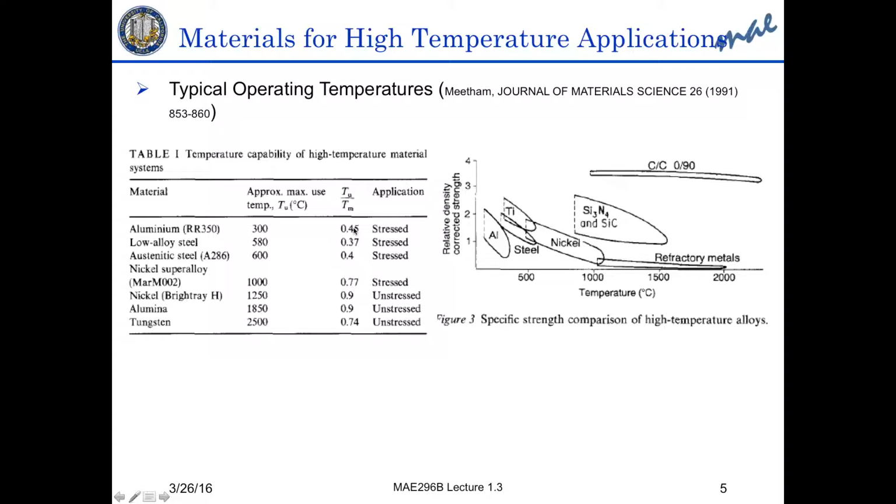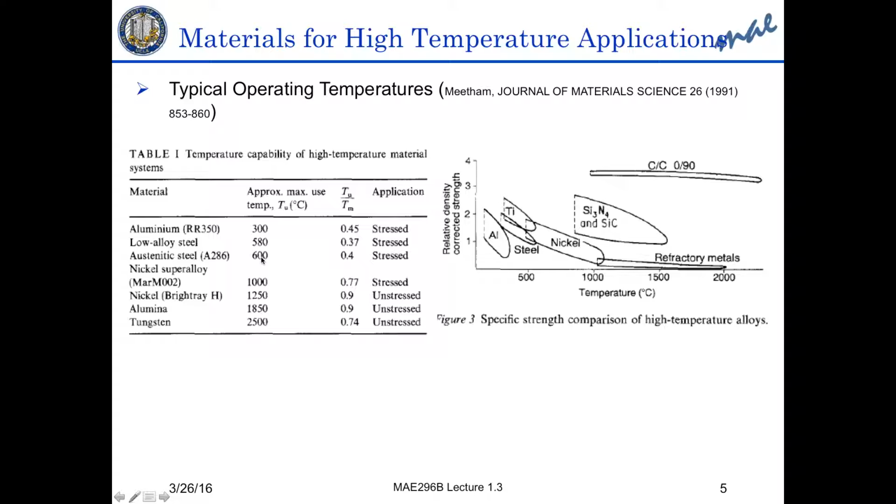This is approximately 45% of the melting point. The low alloy steel is 580, as we've seen in the first wall design of the fusion reactor that I presented earlier in the last lecture. And the oscillating steels can work up to 600 degrees C.